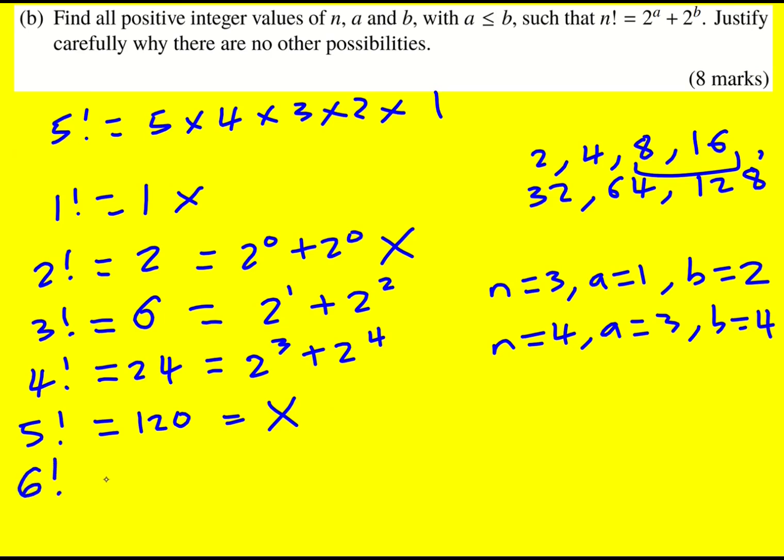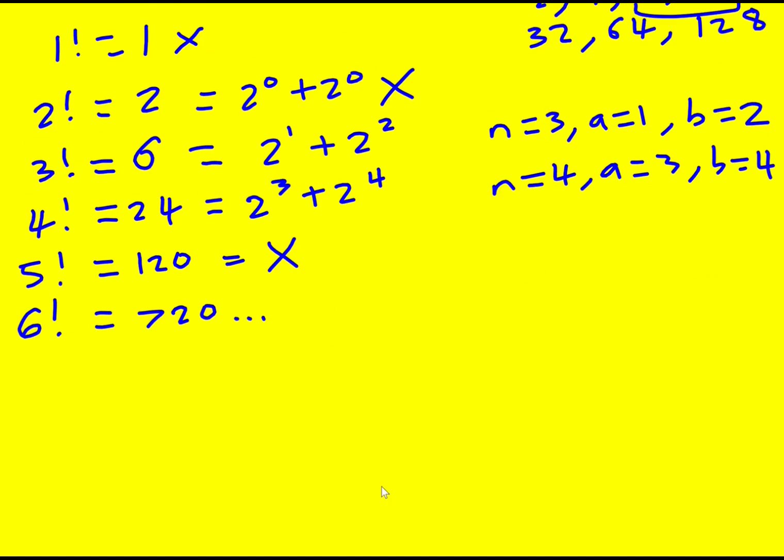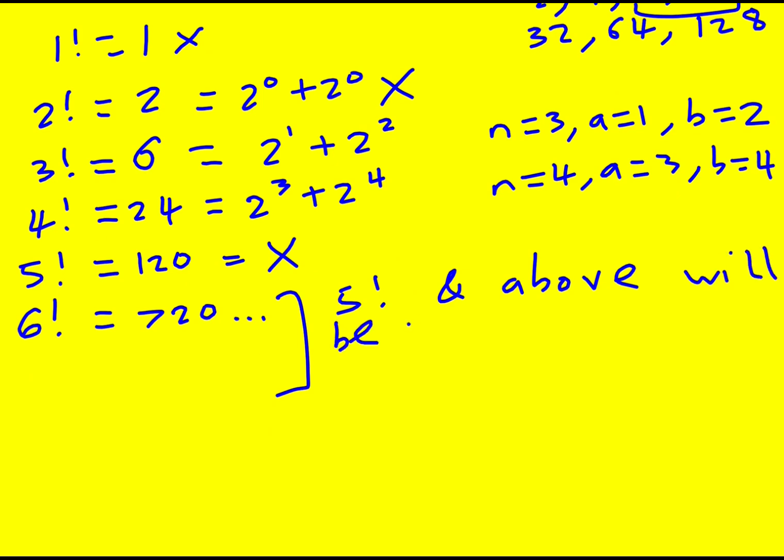From then on, if I times by 6, I get 720. All the ones above are always going to be a multiple of 10. So 5 factorial and above will be multiples of 10.